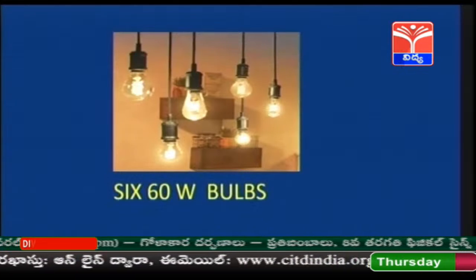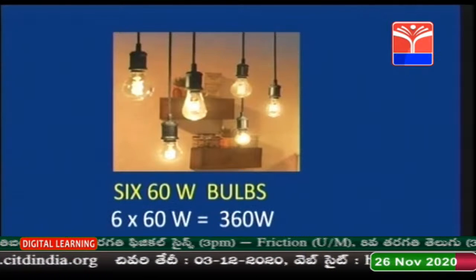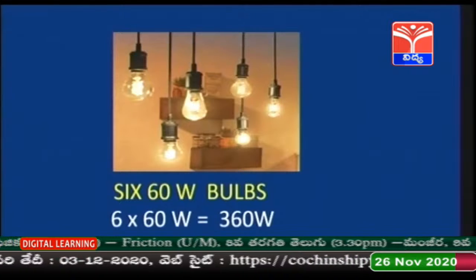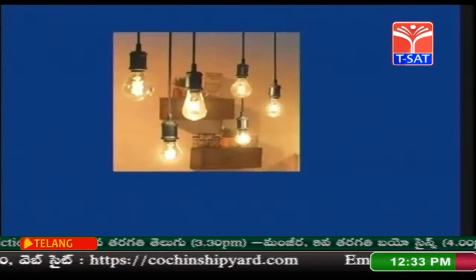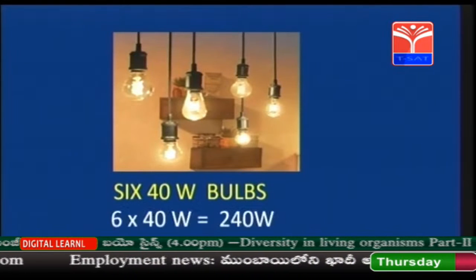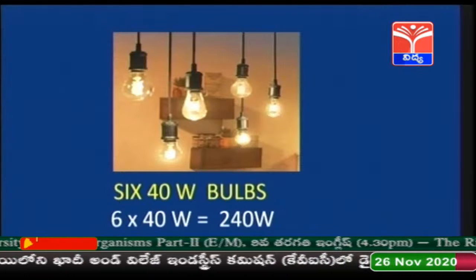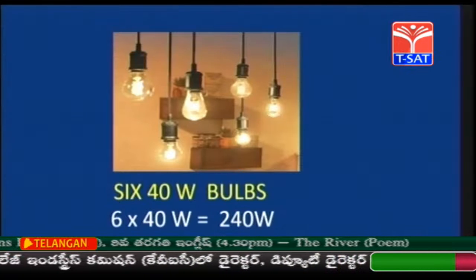How much electricity will be consumed? 6 into 60 watts, that will be 360 watts. Now there are 6 bulbs of 40 watts. How much electricity is consumed? 6 into 40 watts, that is 240 watts.